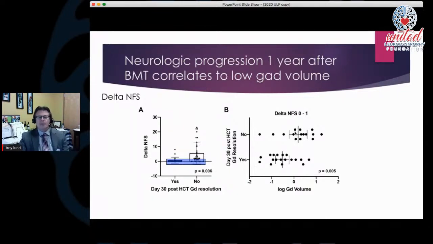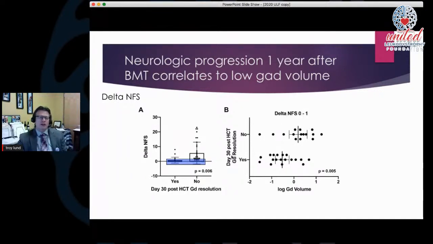And then one final analysis we did was just take the boys that had 0 to 1 gain in points. So they are the boys that showed the smallest amount of progression after 1 year after transplant. And that's what we call delta NFS 0 to 1.